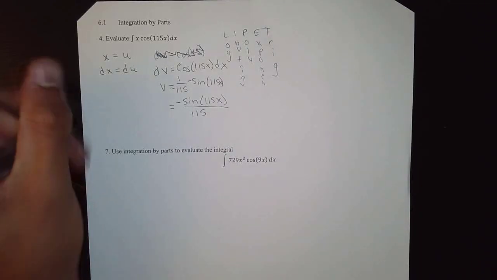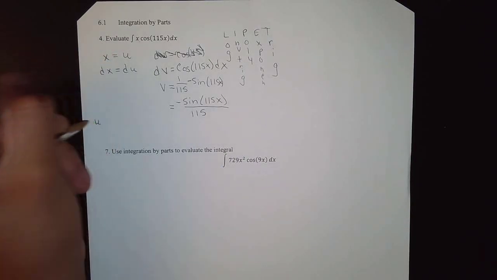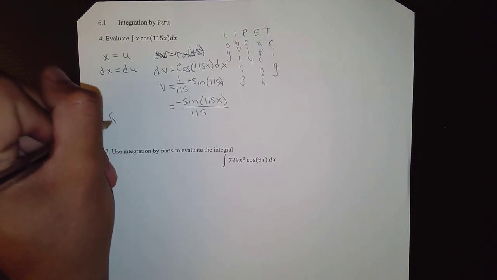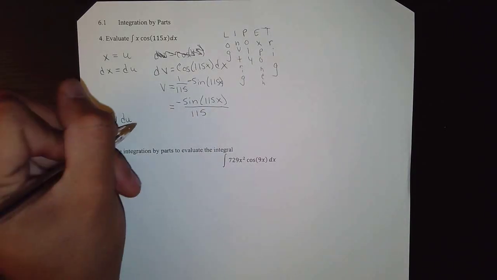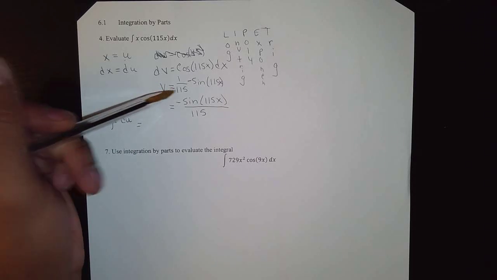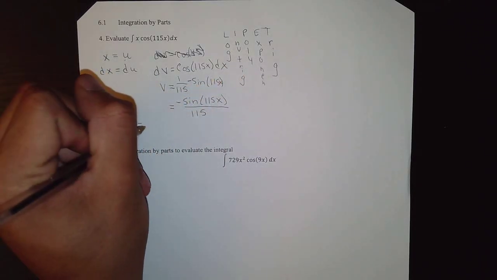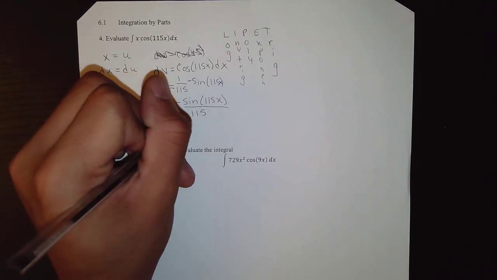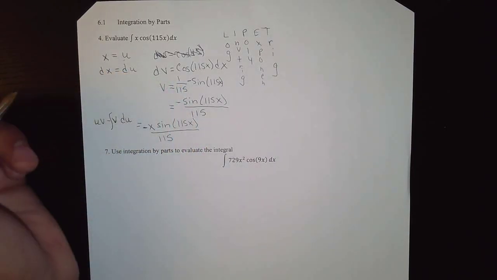And so using the rule for integration by parts, we have uv minus the integral of v du. Well, u is x and v is this, and so our first term would be x sine of 115x divided by 115.